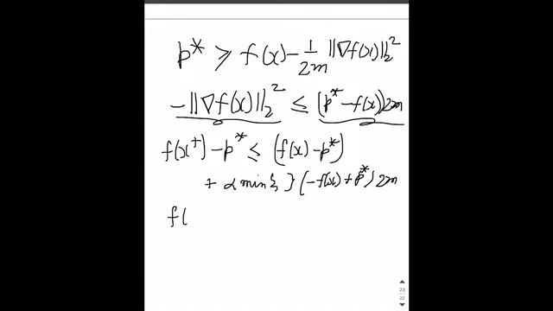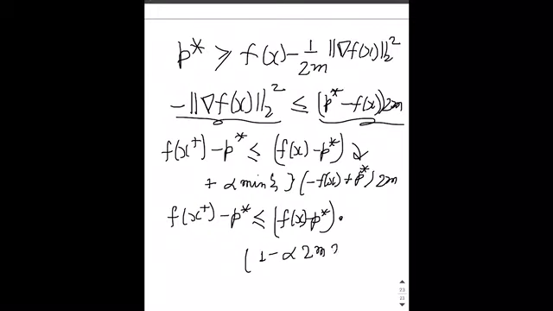Simplifying this, we take f of x minus p star common, and we get f of x plus minus p star is less than or equal to (1 minus alpha times 2m times min of 1 comma beta by m) times (f of x minus p star), right?